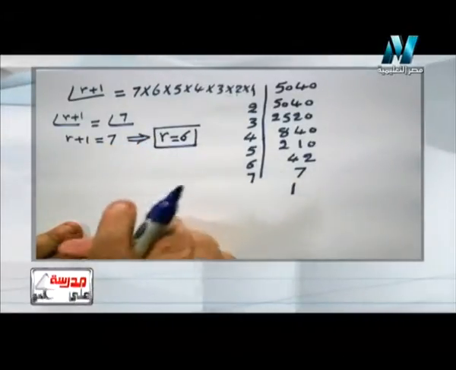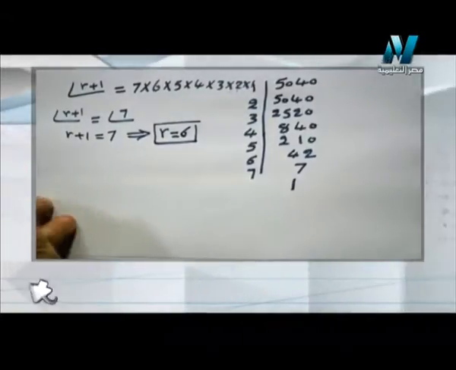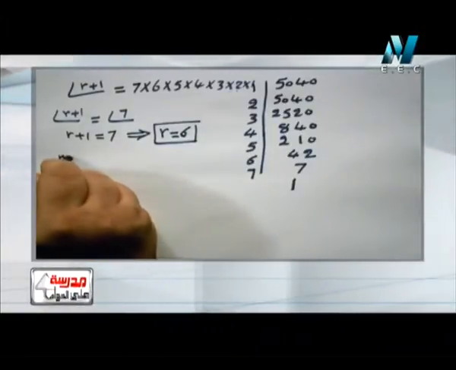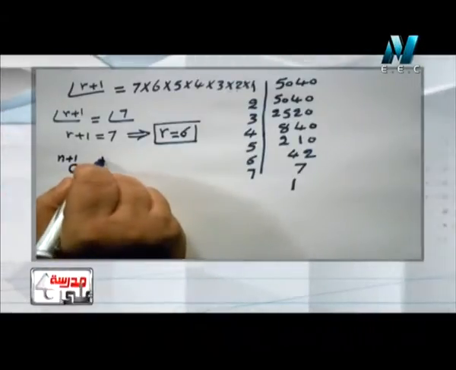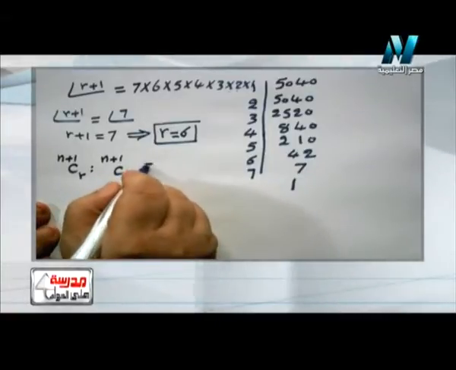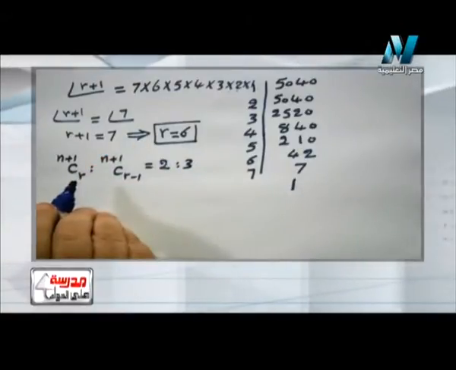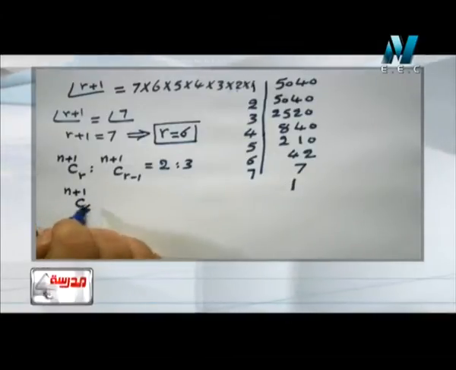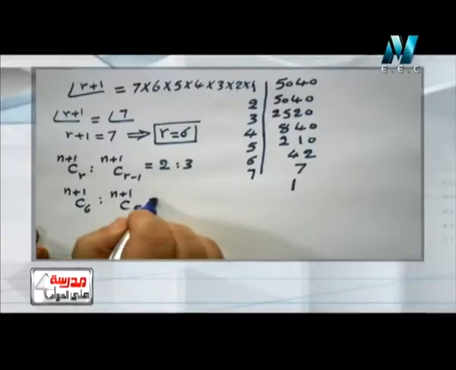Now we have R equals 6. The second requirement is (n plus 1)CR over (n plus 1)CR minus 1 equals 2 over 3. Substitute R equals 6: (n plus 1)C6 over (n plus 1)C5 equals 2 over 3.